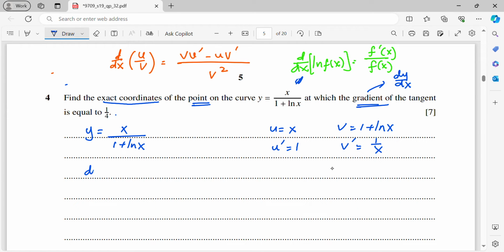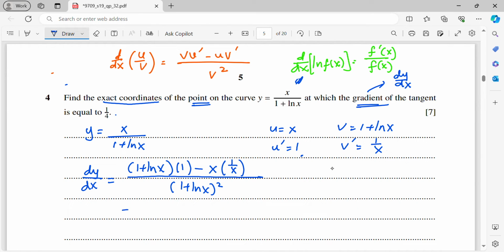Now, my dy over dx equals to over square of 1 plus ln x. So rewrite the denominator and multiply with the 1. Okay, then minus, keep the u, that means it's the x, v prime will be 1 over x.